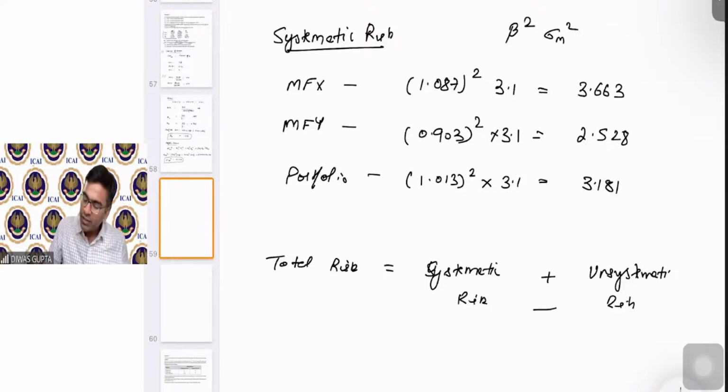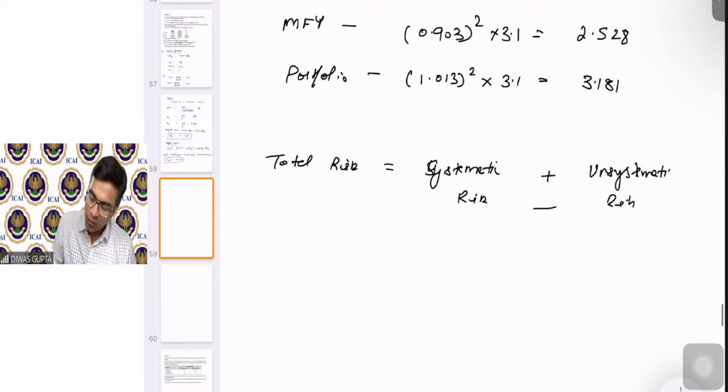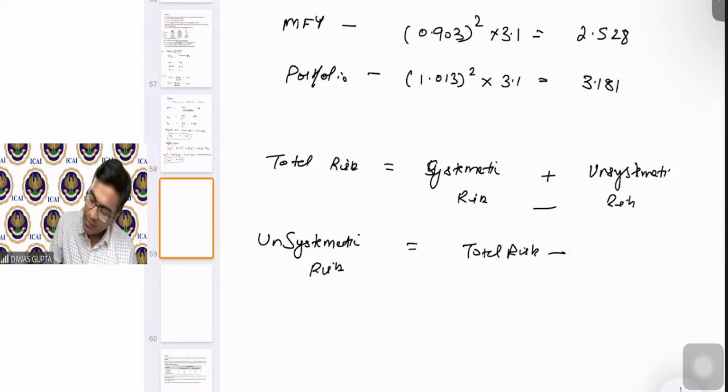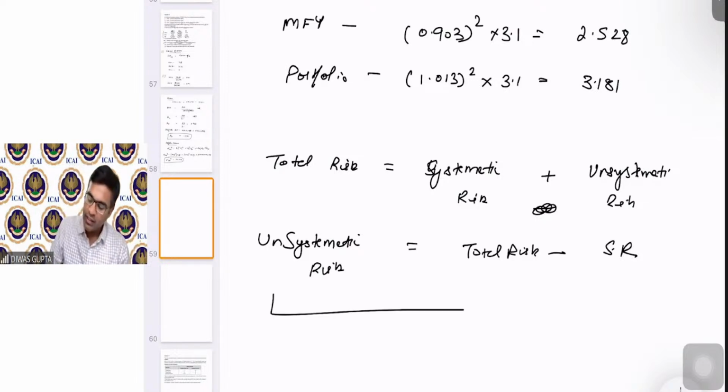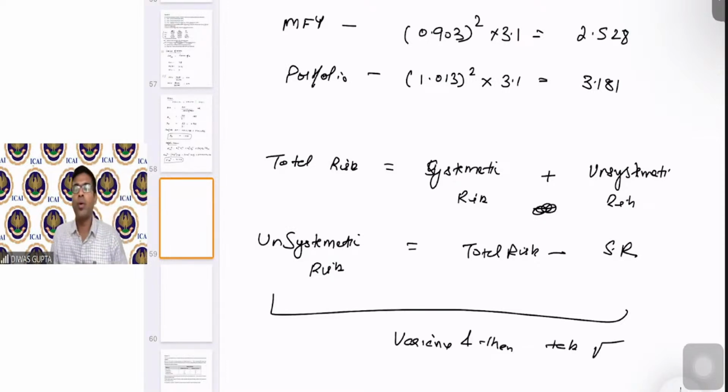Whenever we have to do addition, or sometimes we can calculate unsystematic risk as total risk minus systematic risk, right? Even in such cases, whenever there is addition or deletion involved in risk, always use variance and then take the square root. Okay, always take variance and then take the square root for arriving at the standard deviation.